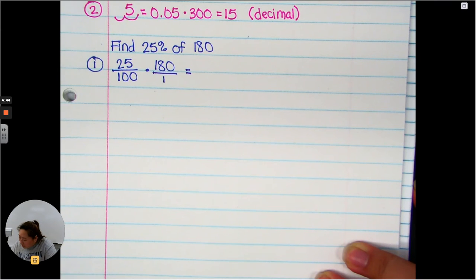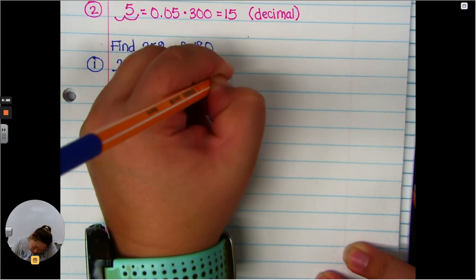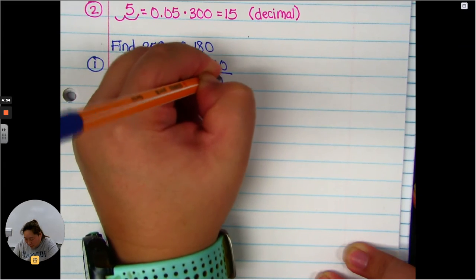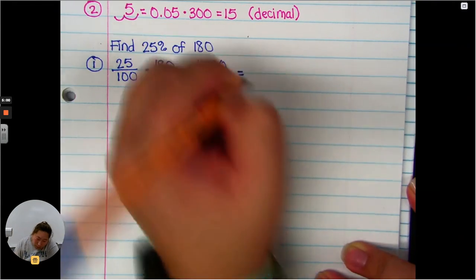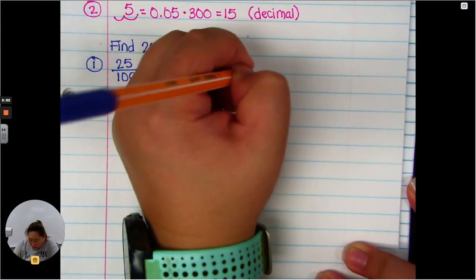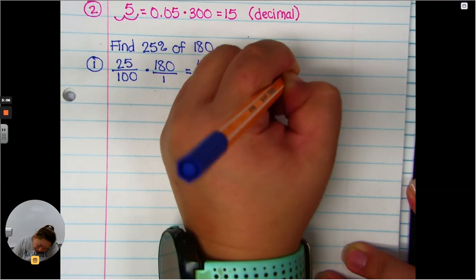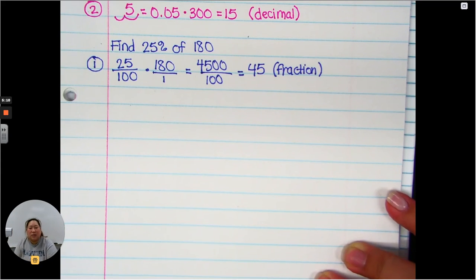And so now I'm going to do 25 times 180, which gives me 4,500. 100 times 1, well, that's 100. Okay? Now, when you take 4,500 and divide it by 100, we are left with what? Good, 45. And again, this is how we do this if this is asking for us to do this as a fraction.